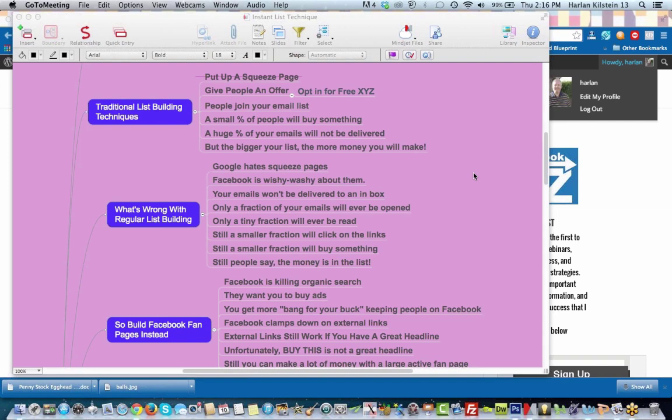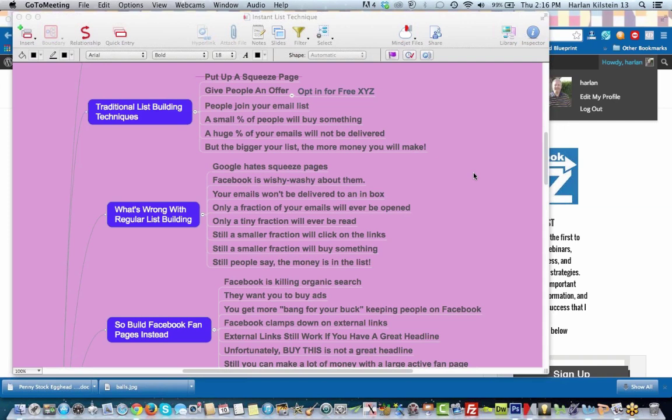Facebook has been stopping some, letting people go directly to certain types of lead pages. So squeeze pages, people still teach about them, but they work well if you have JV people mailing for you. They don't work so well if you're going to cold lists, especially from Google.